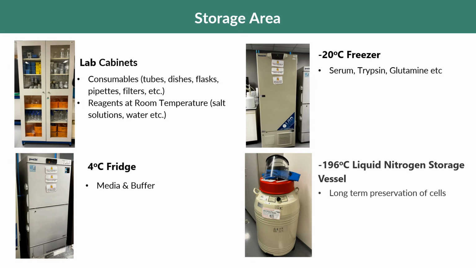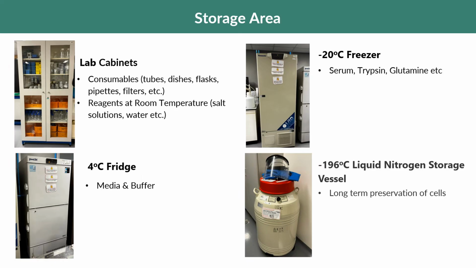Once open, each bottle of media should be labeled with the username, the date that you opened it, as well as the cell line that you're going to be using it with, to ensure that the medium is used within 1 month and that it is not mixed between users and cell lines, to prevent any kind of cross-contamination of cultures.